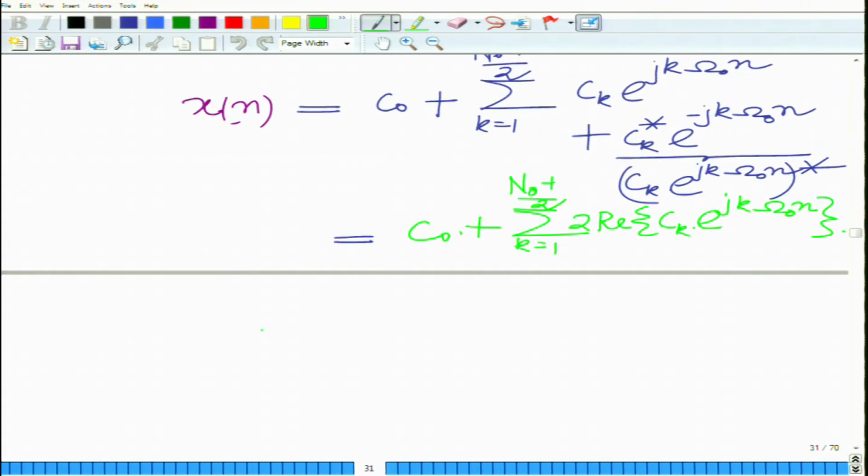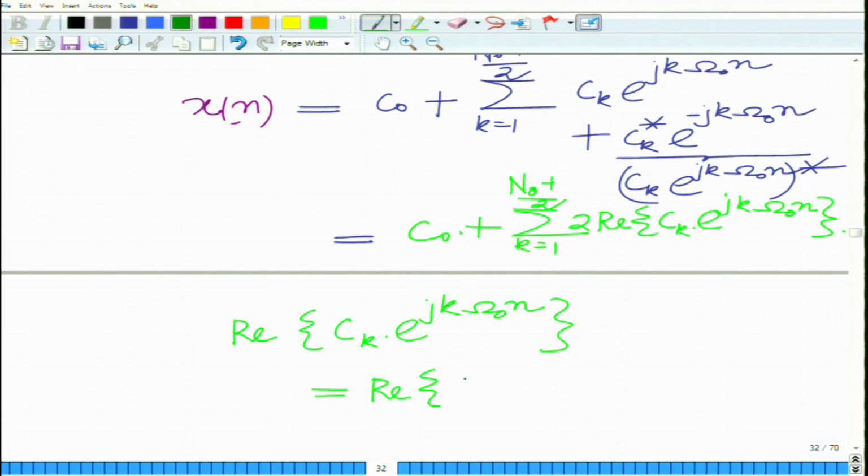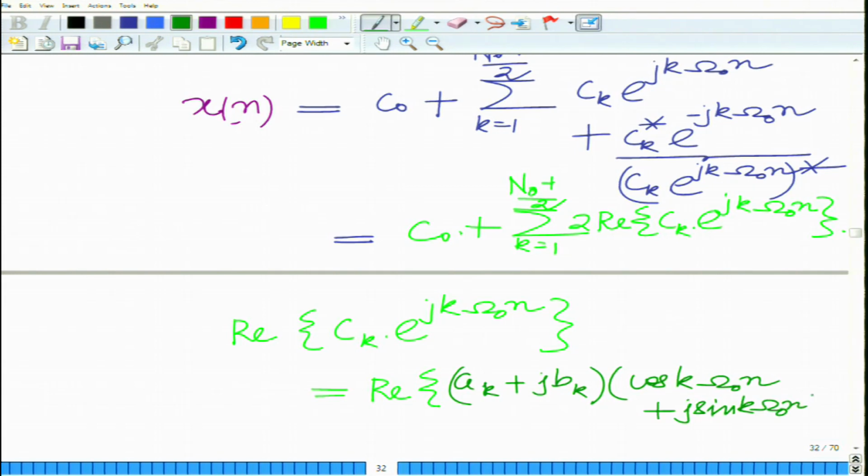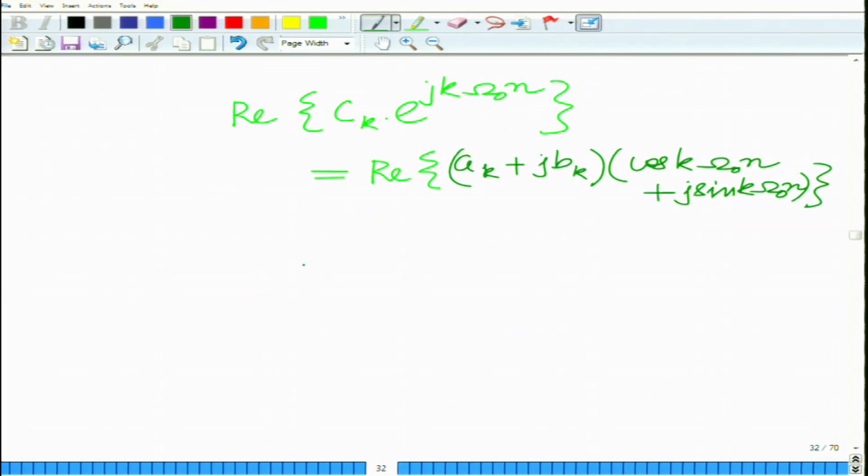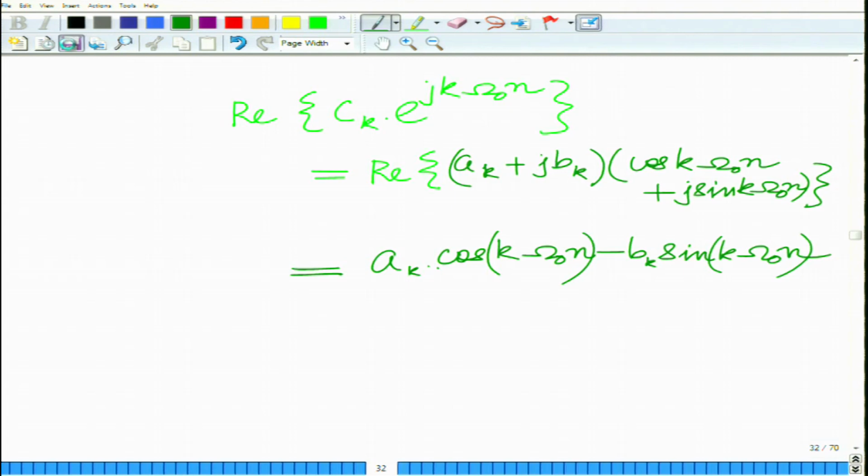And the real part of Ck e raised to j k omega naught n equals basically the real part of a k plus j b k times cosine k omega naught n plus j sine k omega naught n, which is equal to a k cosine k omega naught n minus b k sine k omega naught n.